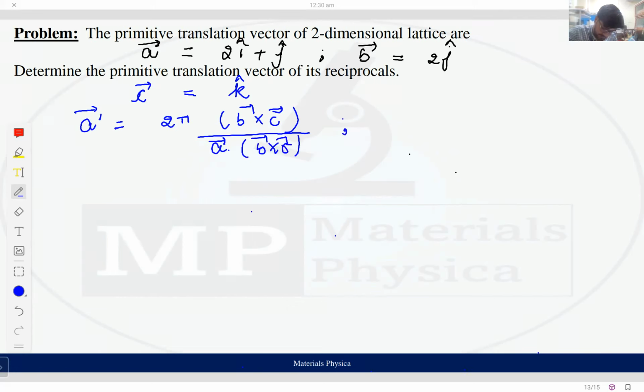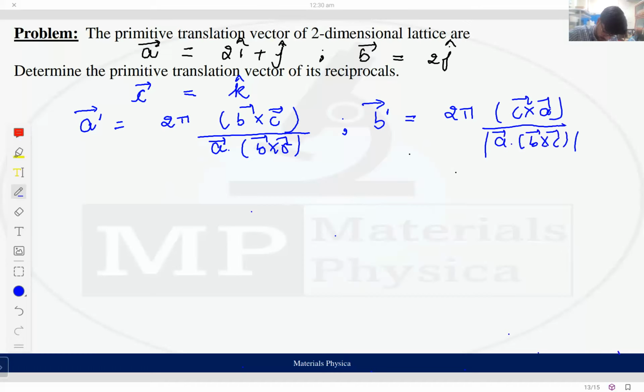And in a similar way, b dash will be given as 2 pi c cross a over the volume of the cell, a dot b cross c, and we have taken the mod of this.